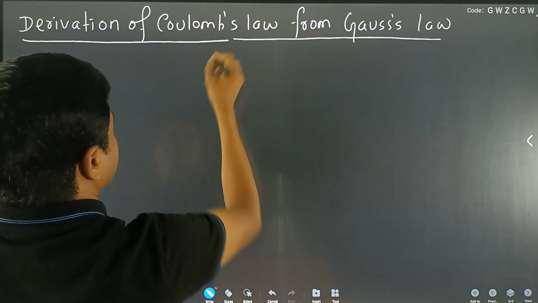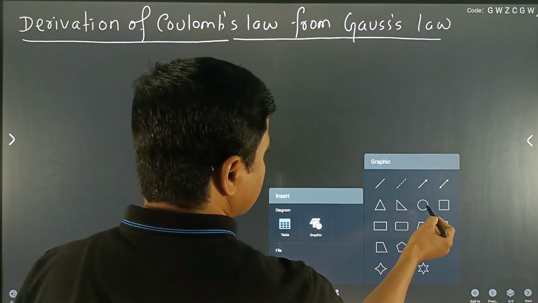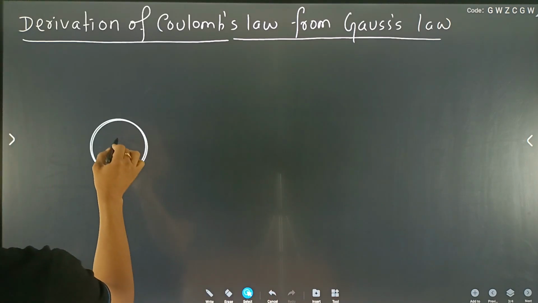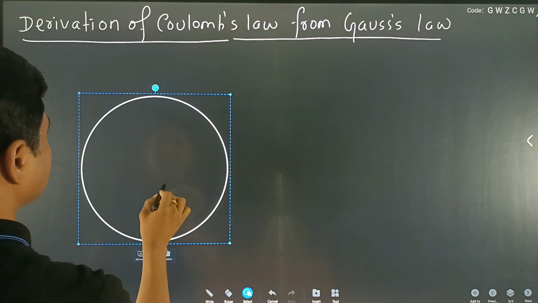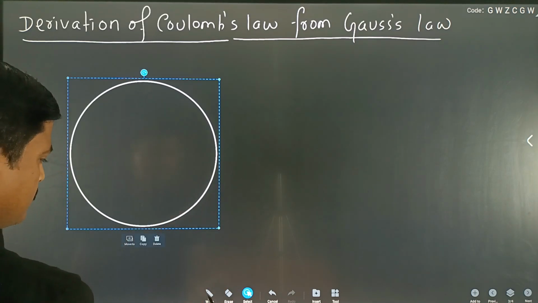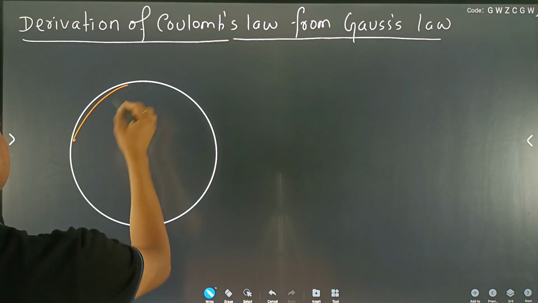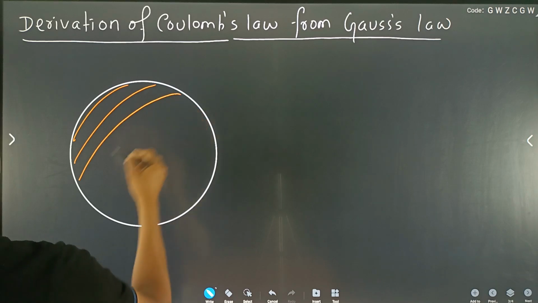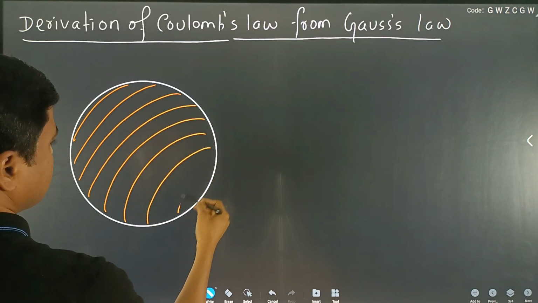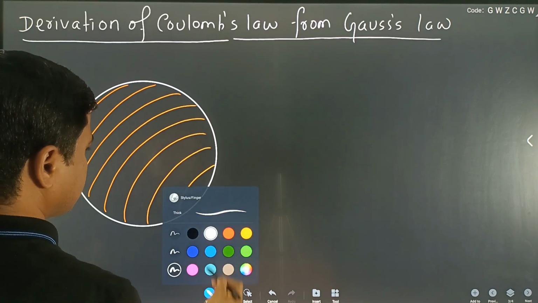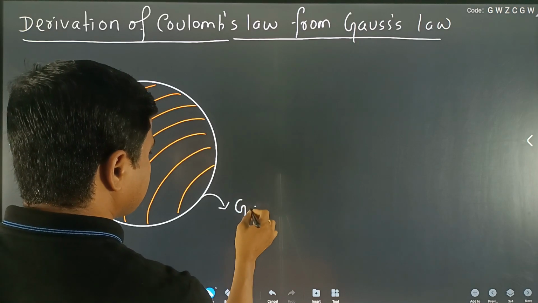And suppose we take a spherical closed surface. Closed surface means a three-dimensional surface. This closed surface is known as the Gaussian surface.